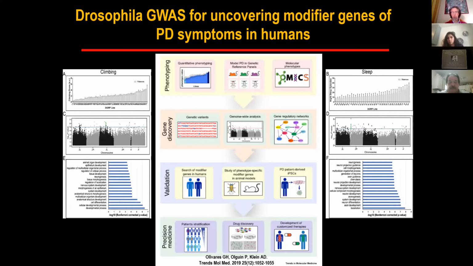So we've been analyzing several lines of flies treated with rotenone. We've been able to identify already some genes and gene networks related to the climbing and sleep problems.